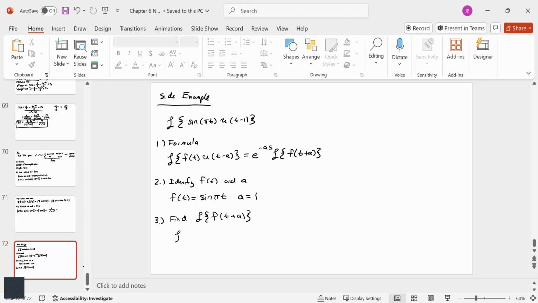So that means find the Laplace transformation of sine of pi times t plus 1, like that. So with this one, we are going to manipulate it using an identity, which is the following.